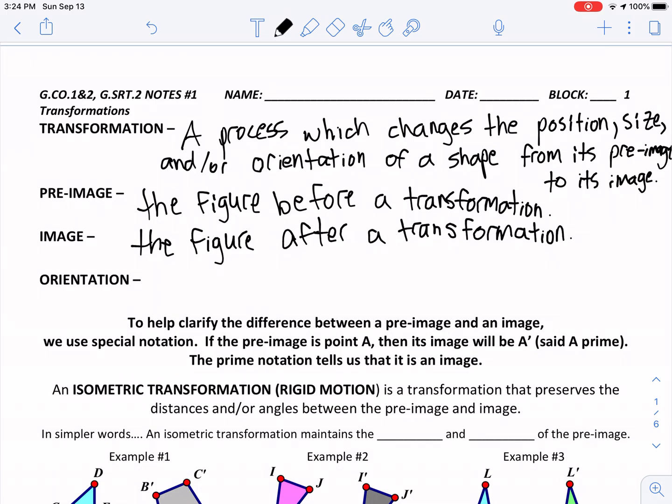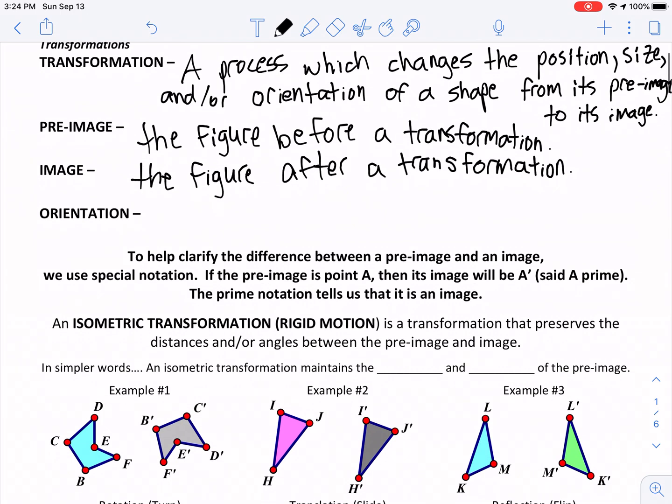Okay, so you can think like before picture and after picture, and then there's transformations that occur in between, okay, what we start with and what we end up with.